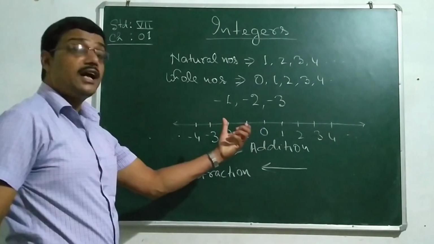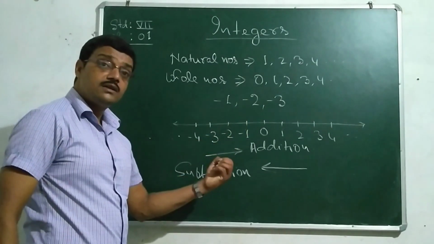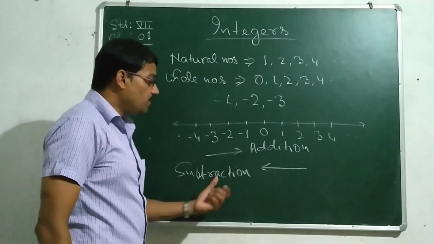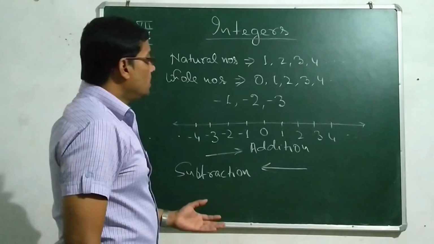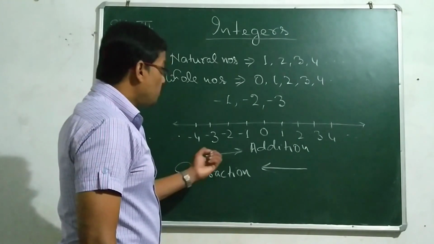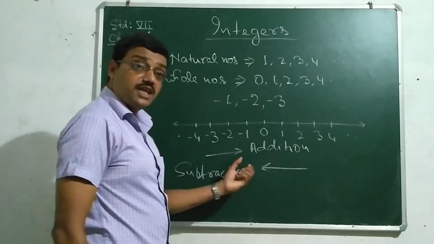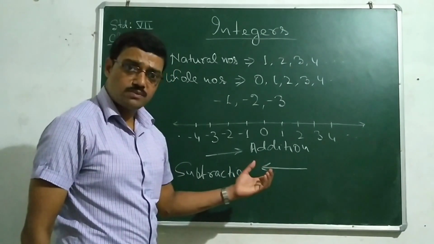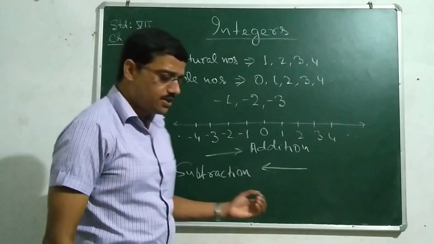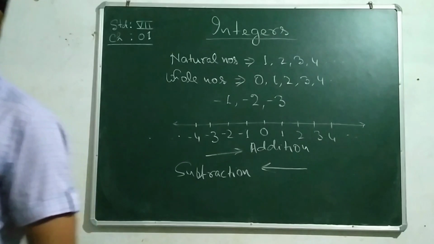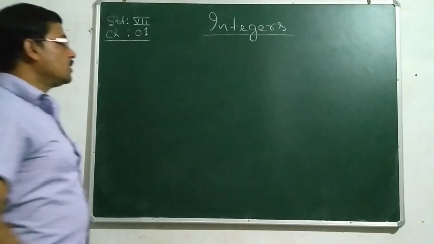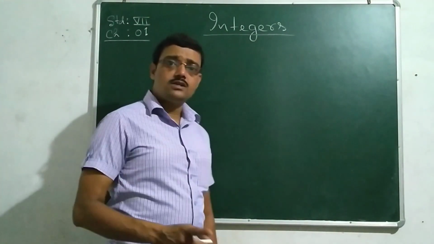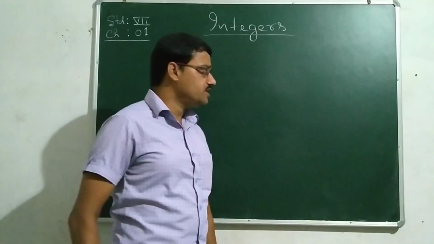In this way you can add and subtract integers on the number line also. Some of the important results on the operations of the integers I am going to explain now. See how to perform various operations on integers.